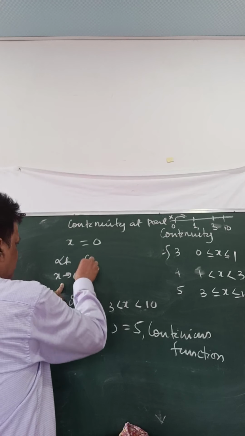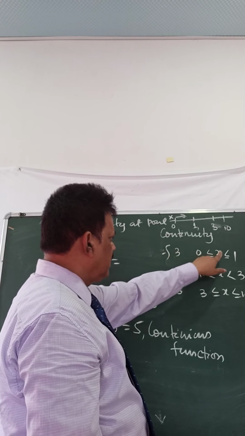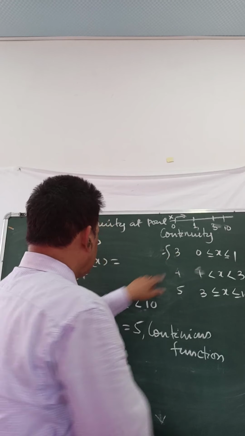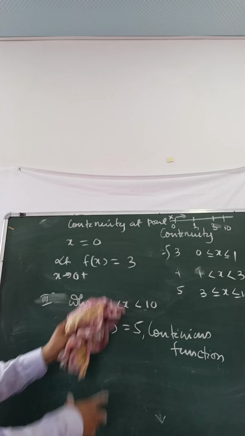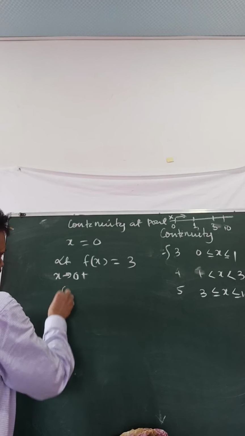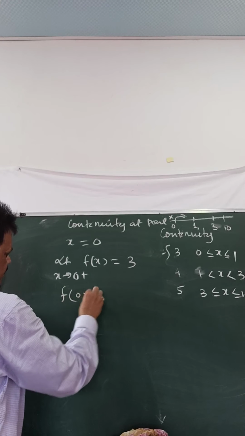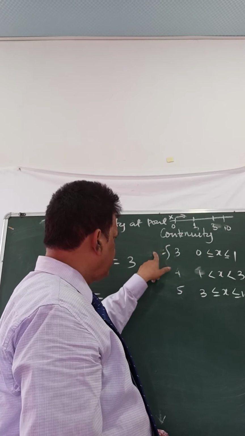So the limit as x tends to 0 plus of f(x) equals how much? When x is 0, f(x) is 3. This is the limiting value. What about the functional value? f of 0 means when x is equal to 0, f(x) is also 3.